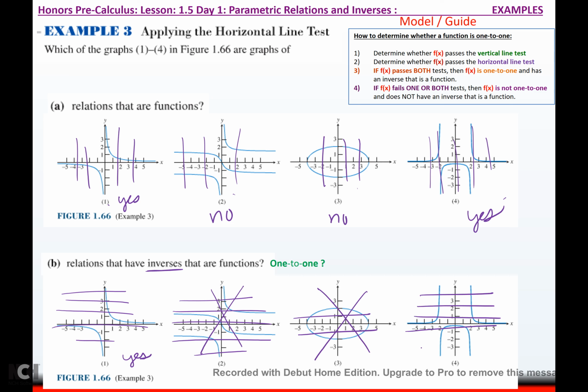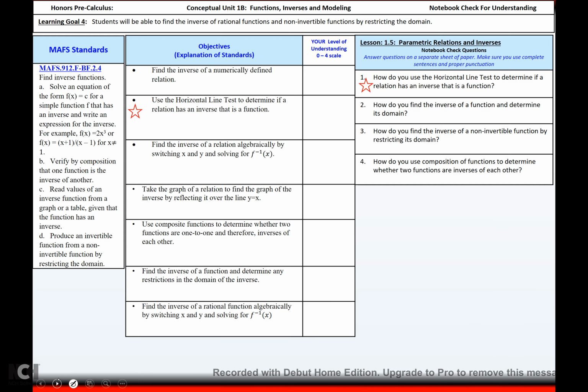This passes. Nope, this does not pass. So no. So the only function that has an inverse that's a function is this one. Okay? Alright, so how do you use the horizontal line test to determine if a relation has an inverse that is a function? Each horizontal line can only touch once.